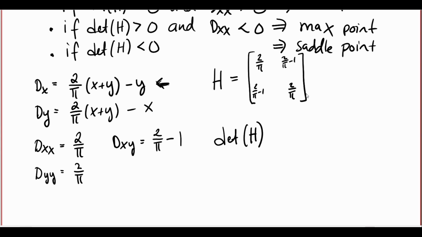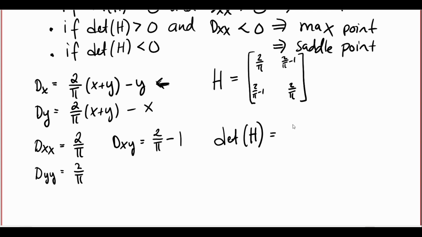So like this. The determinant is this one multiplied with this one, so we have 4 divided by pi squared.